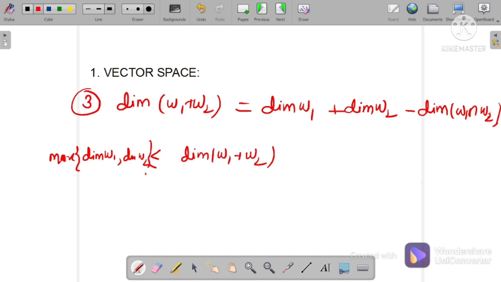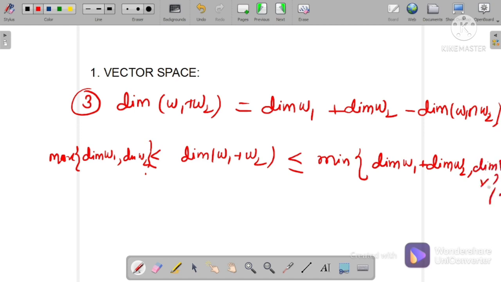And this dimension is always less than or equal to the minimum of dimension of W1 plus dimension of W2 and dimension of vector space V.